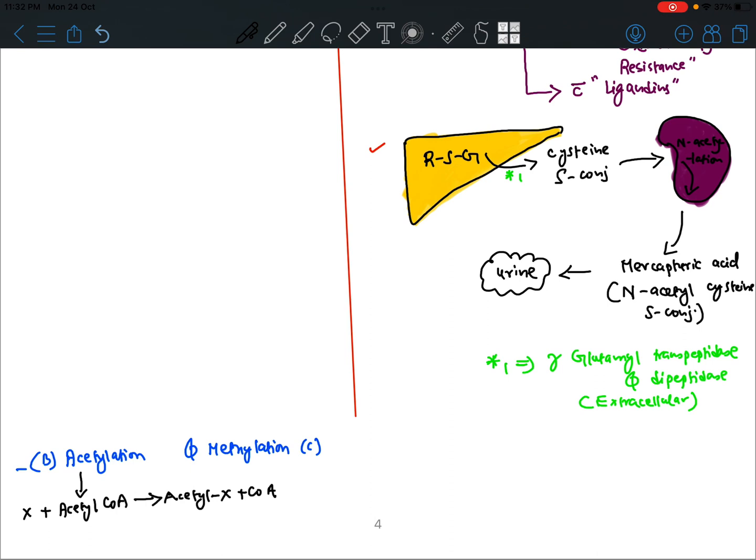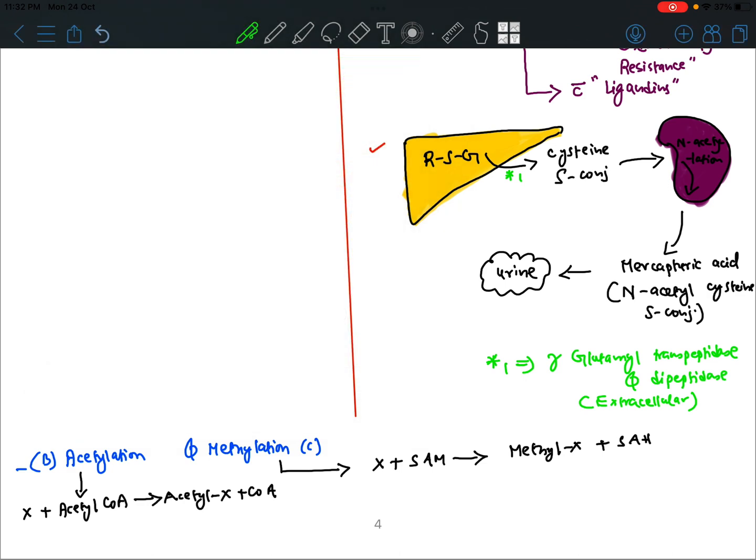Methylation: X plus S-adenosyl methionine, SAM, gives methyl X plus S-adenosyl homocysteine, SAM to SA.